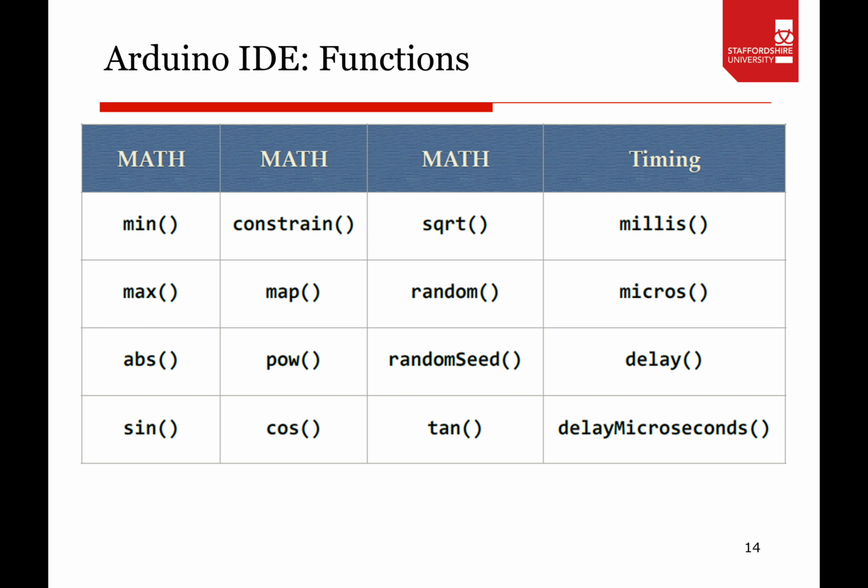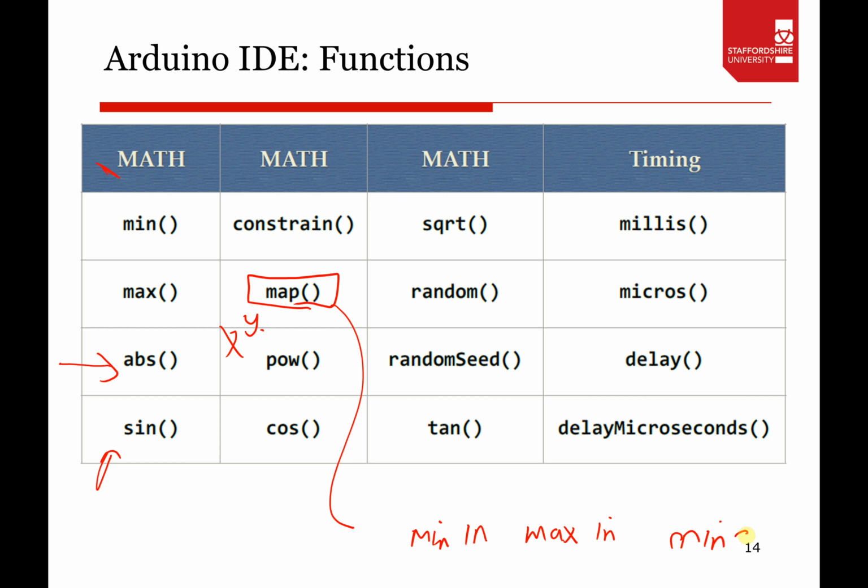These are the main Arduino IDE functions. Minimum, maximum, these are the mathematical ones. Absolute value, sine, cosine, tangent, power, x to the power of y. Map, I've just shown an example of the map, so you can say the minimum in, max in, and then map it to the min out and max out.